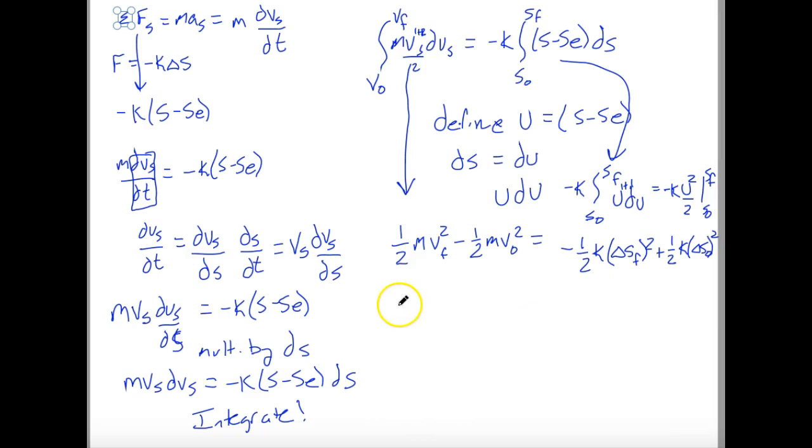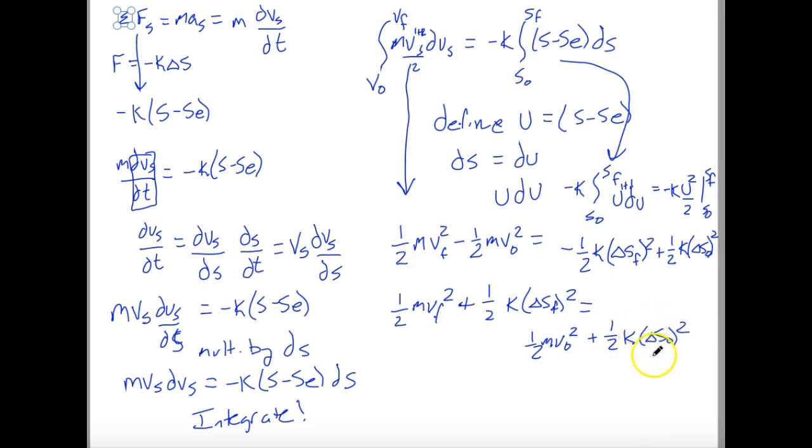Let's go ahead and put everything on the correct side so that everything looks right. So this is going to be 1/2 m vf squared plus 1/2, and then this is going to be k times delta SF, delta SF squared, and that's equal to 1/2 m v original squared plus 1/2 of k, and this is delta S original squared.